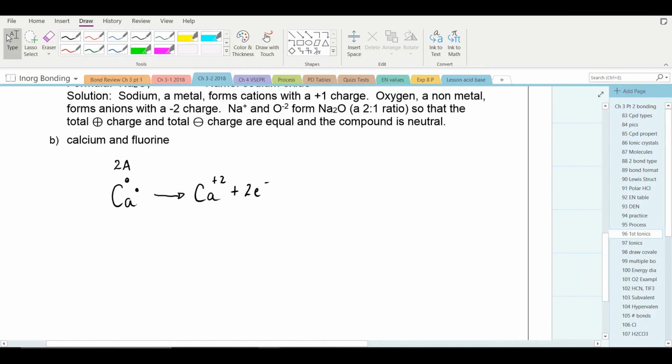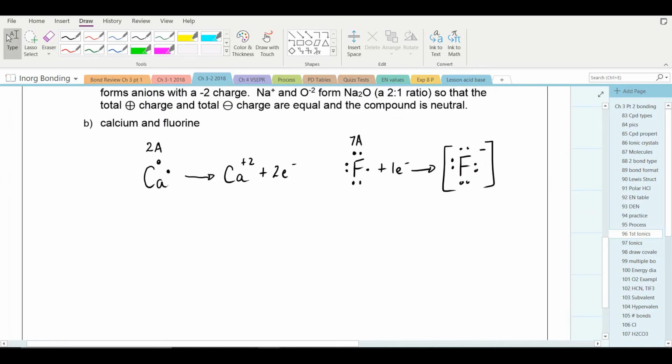In the case of fluorine, it's in group 7A, which means it has 7 valence electrons. It would like to have 8. So it'll gain 1 electron to fill the valence shell, become isoelectronic with neon, forming fluoride, which will have 8 valence electrons, a charge of -1.